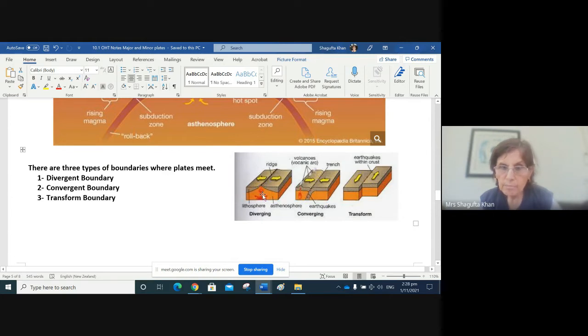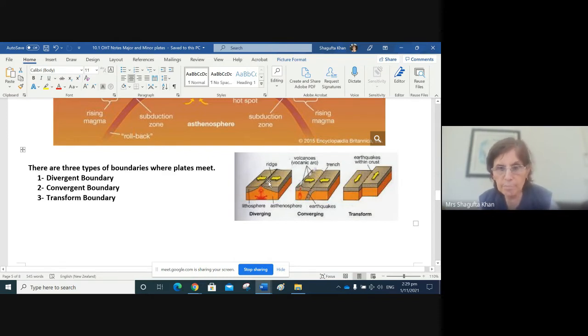And because of this movement, there will be currents which will be like that over here, convectional currents. Those convectional currents will move this plate to the right and this plate to the left, and in between over here, what it is doing is breaking the crust.